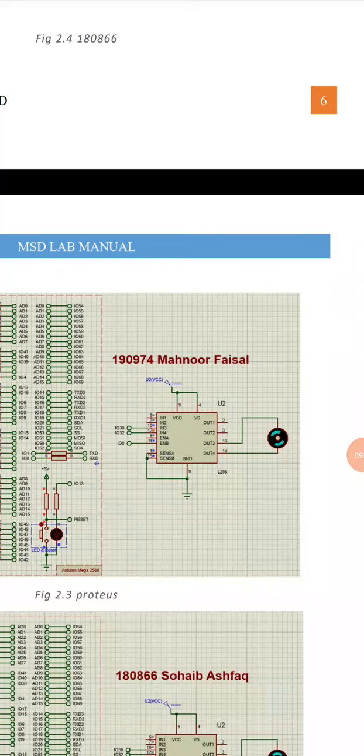As you can see, we have connected output 1 and output 2 with the motor, and in the enable pins we have given the voltage. Then we have also connected ground with the sense pins. These pins are also available on it, and we connect them over there.